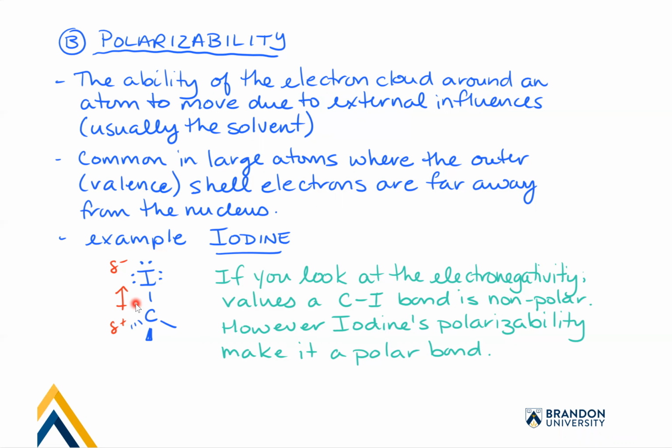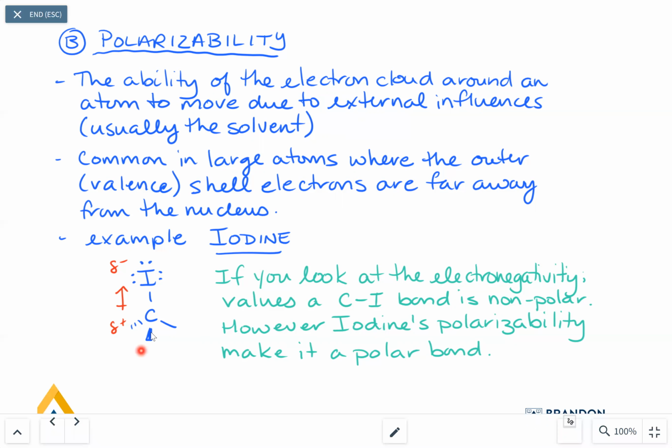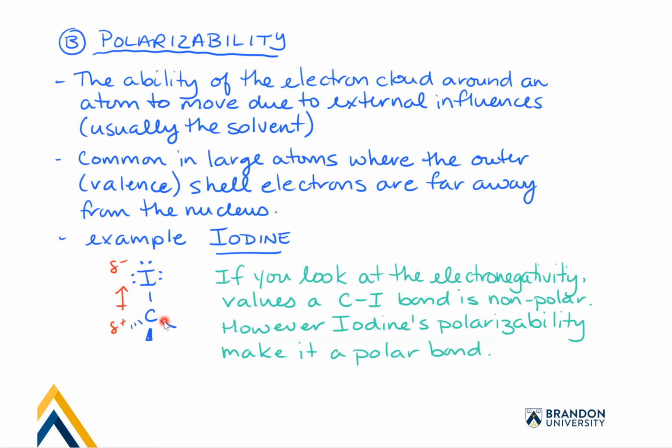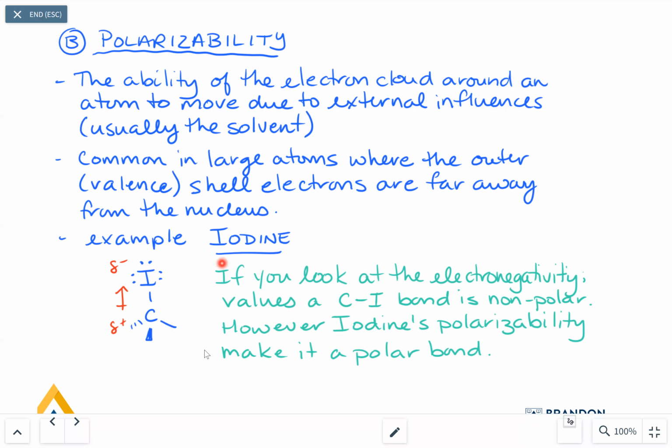And in a C-I bond, carbon's got a delta plus because iodine is really polarizable. So all of the halogens behave in a similar fashion, but for different reasons. With fluorine and chlorine, it's because of electronegativity. For iodine and bromine, it's because they're polarizable, because they're lower on the periodic table.